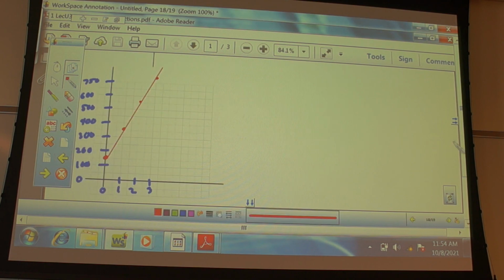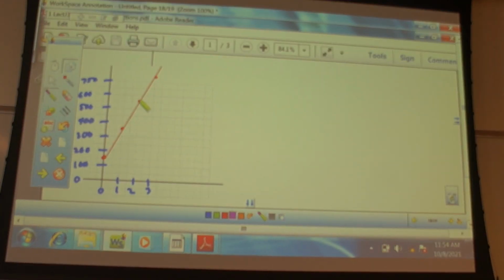So to look at this, we can take these points and we can say, okay, from this spot to that spot, how far do I rise? Let's pick two that are both on the grid. From this spot to this spot, how far do I rise? I rise 50, 100, 150, 200. I rise 200, and I run 1.